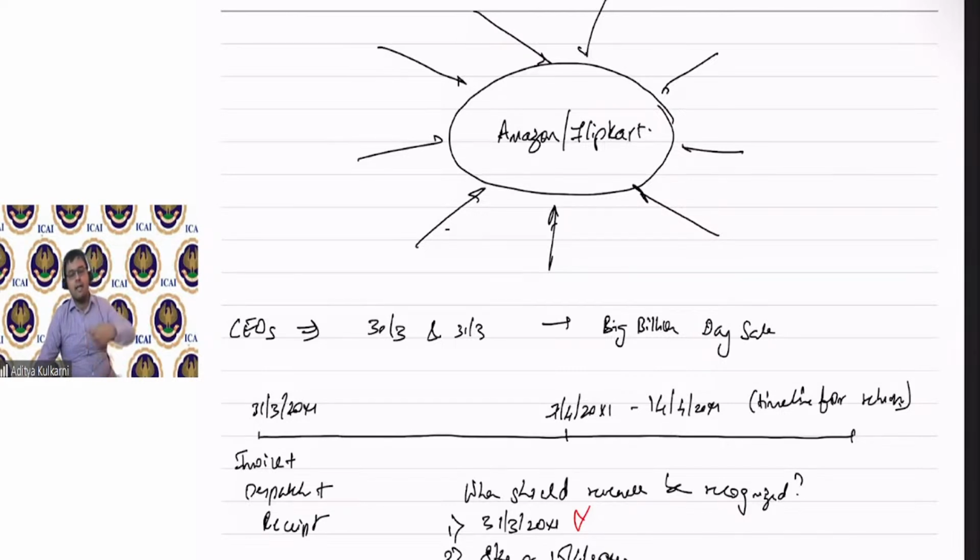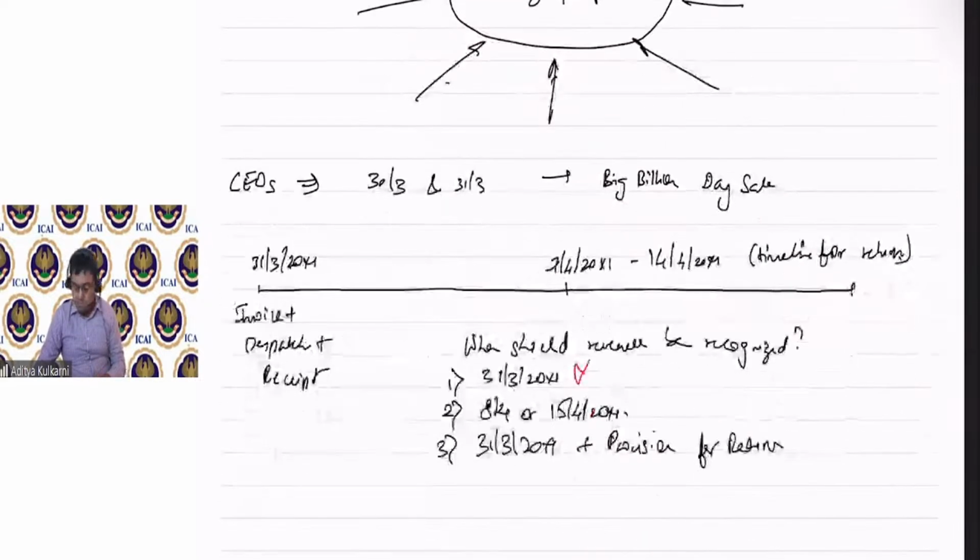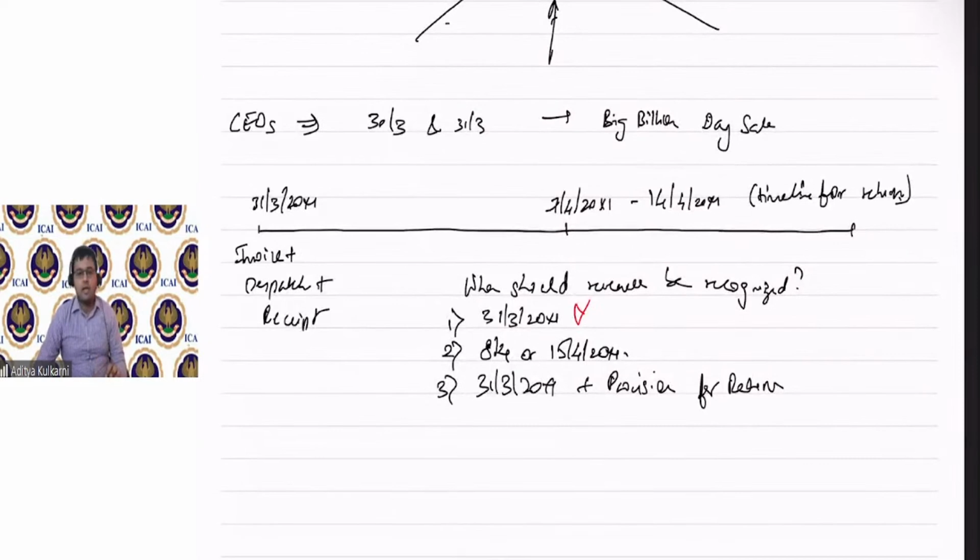You cannot recognize the revenue on all the products on 31st March, because some returns could happen. So therefore, booking 100% revenue is not advisable from an accounting standard point of view.